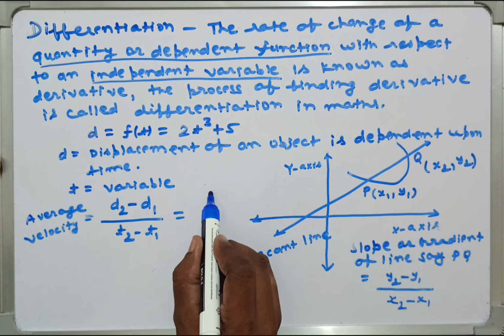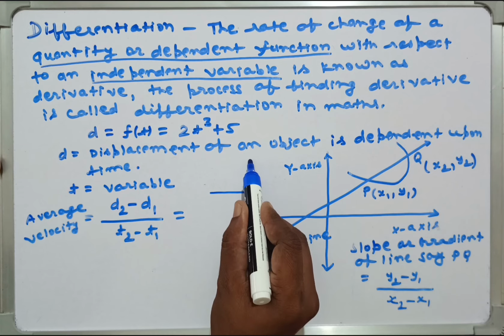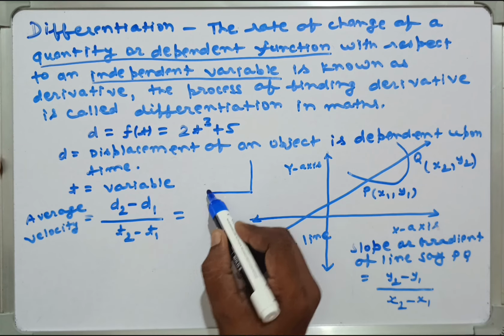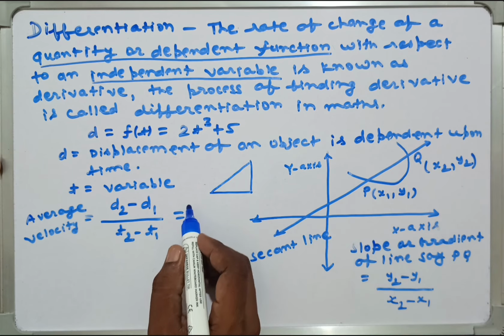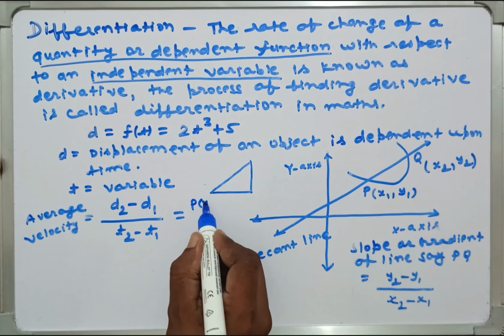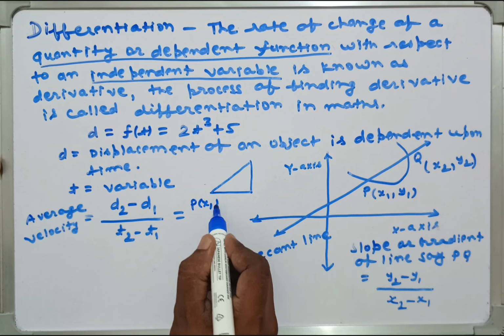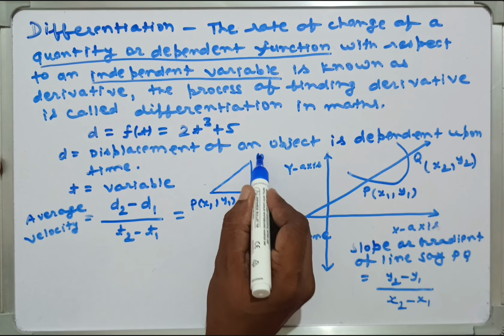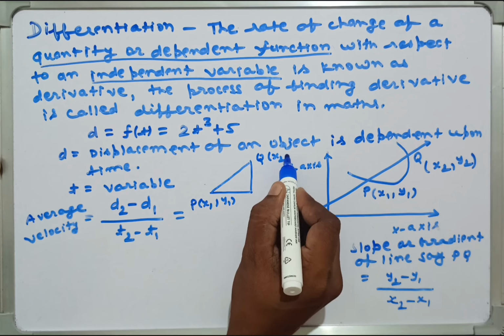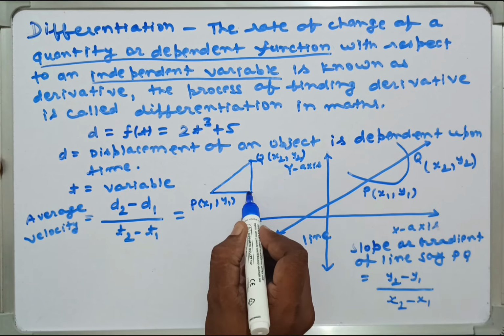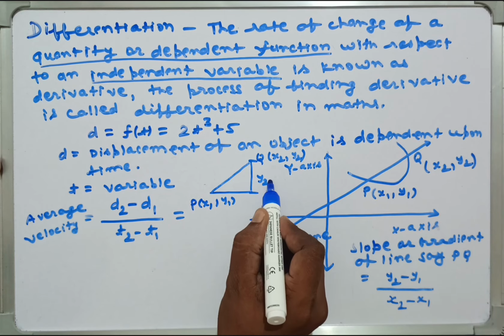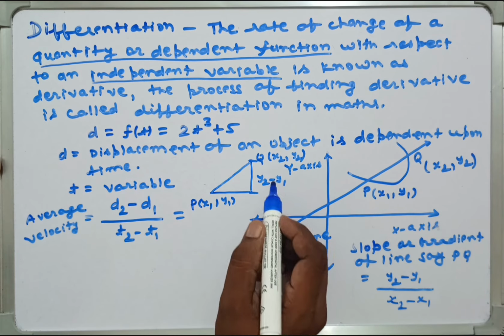What is basically happening here: this is a triangle, this point is x1, y1 and this point Q is x2, y2, so the vertical distance will be y2 minus y1.